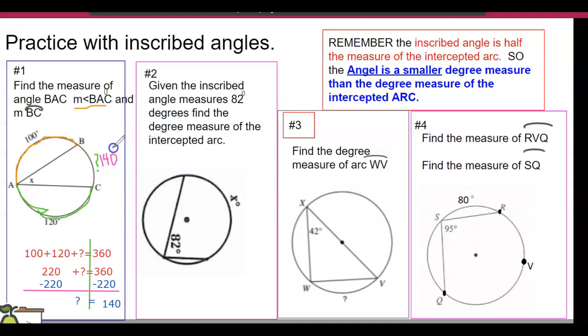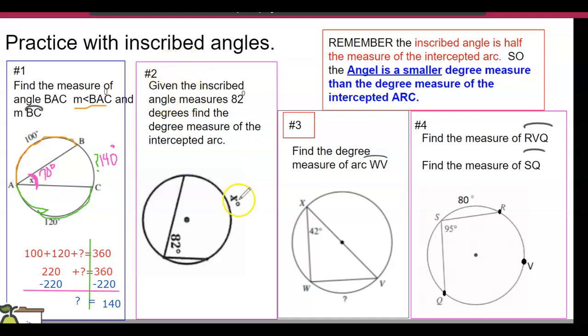So an inscribed angle, this angle right here, is half. So 140 divided by 2. Do that real quick and find the measure of this angle right here, BAC. Okay, good. You should have gotten 70 degrees. 140 divided by 2 is 70. So this angle here is 70 degrees.